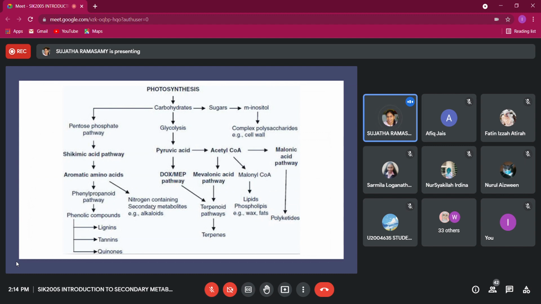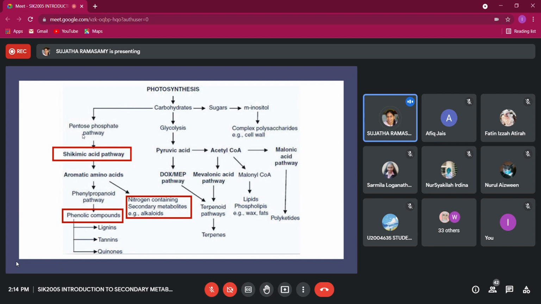Okay, remember photosynthesis produce the primary metabolites, carbohydrate, and then the sugars. Okay, so we are not focusing on primary. We are focusing on secondary metabolites, in which shikimic acid pathway. Okay, and then there are many steps. The end product will be phenolic compound and also nitrogen containing secondary metabolites.